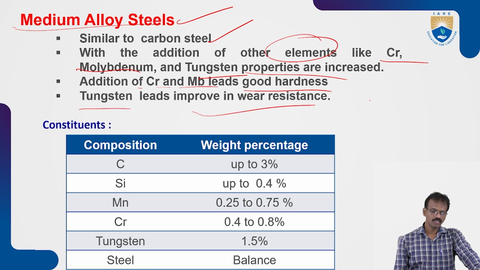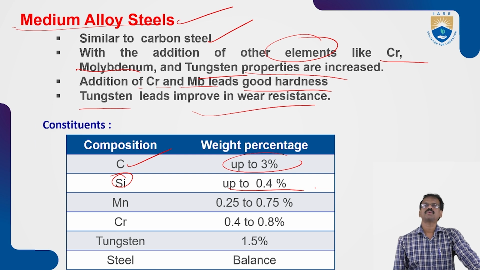Now we'll see the percentages of the different alloying elements. Carbon percentage we can see up to 3%, and carbon gives good hardness. Silicon is up to 0.4 percent. Manganese is 0.25 to 0.75.